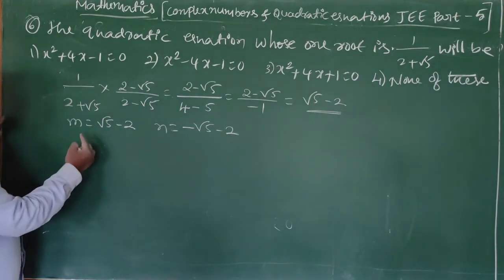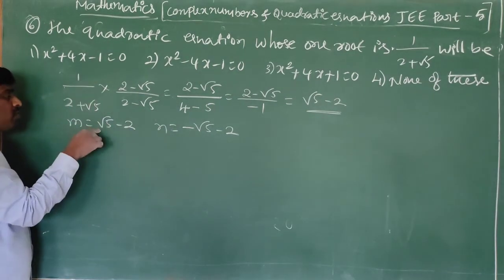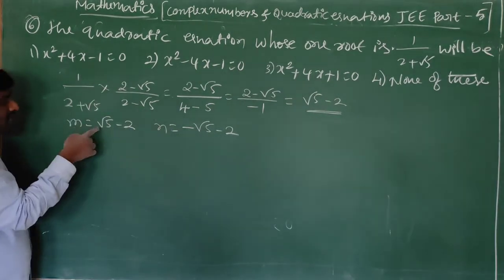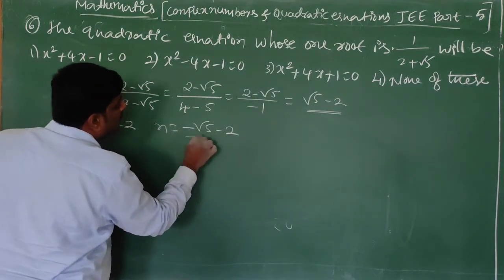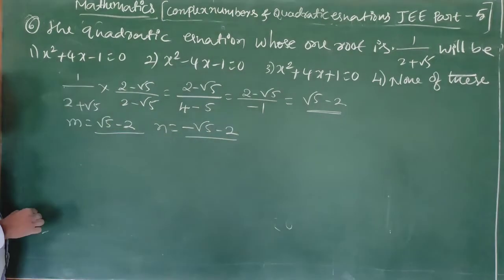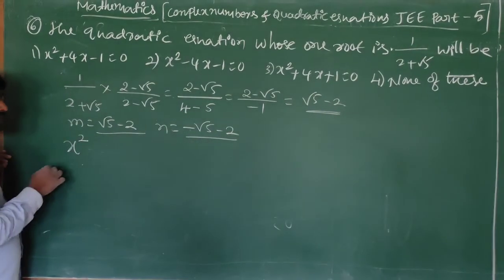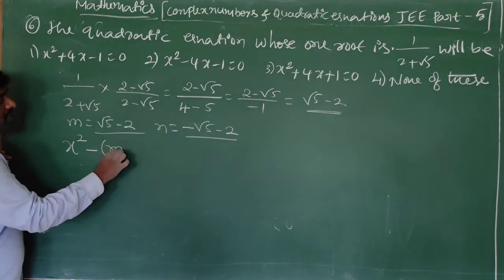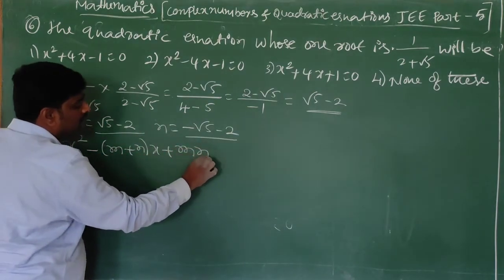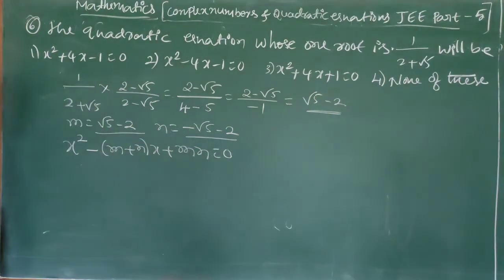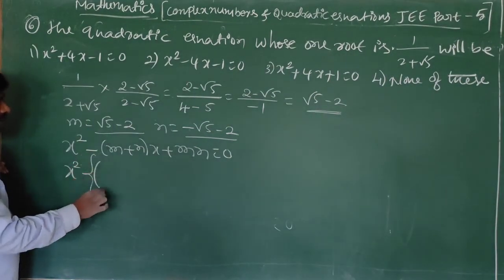So m is equal to root 5 minus 2 is one root, and rationalizing the coefficient of that root, n is equal to minus root 5 minus 2. Now the quadratic equation formula is x square minus (m plus n) of x plus mn is equal to 0.